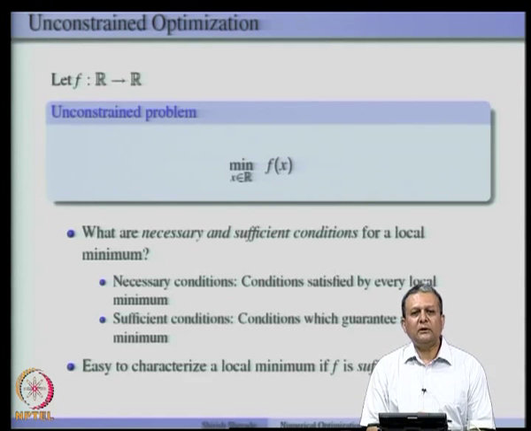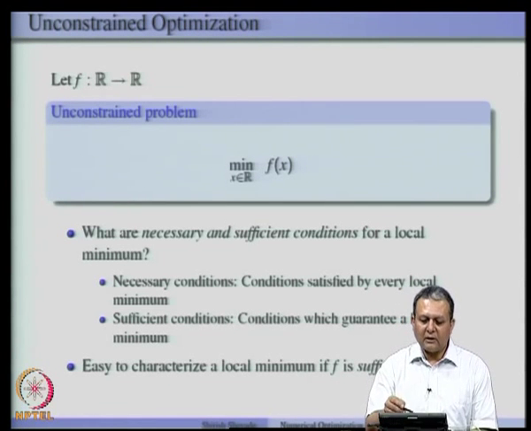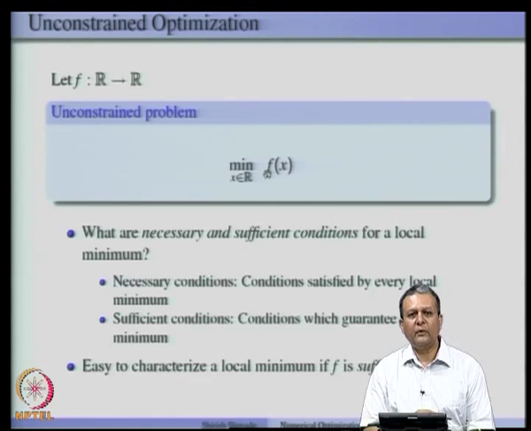So, the natural question that one would like to ask is what are the necessary and sufficient conditions for a local minimum? What do we mean by necessary and sufficient conditions? Necessary conditions are the conditions which are satisfied by every local minimum. For example, if x star is a local minimum of this problem, then certain conditions are satisfied, and those conditions are called necessary conditions.